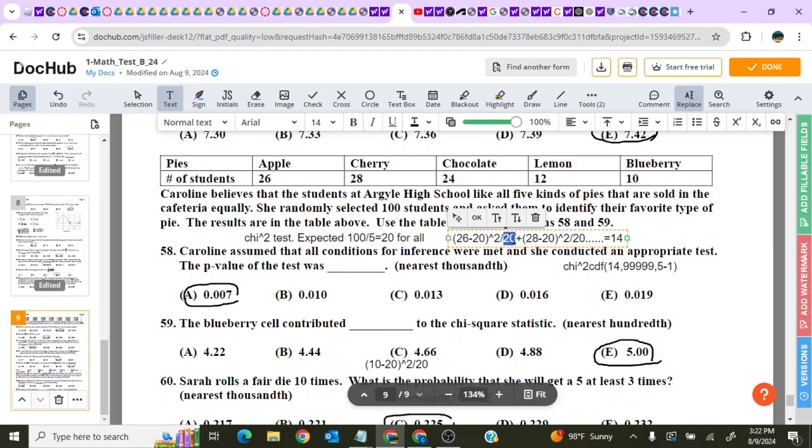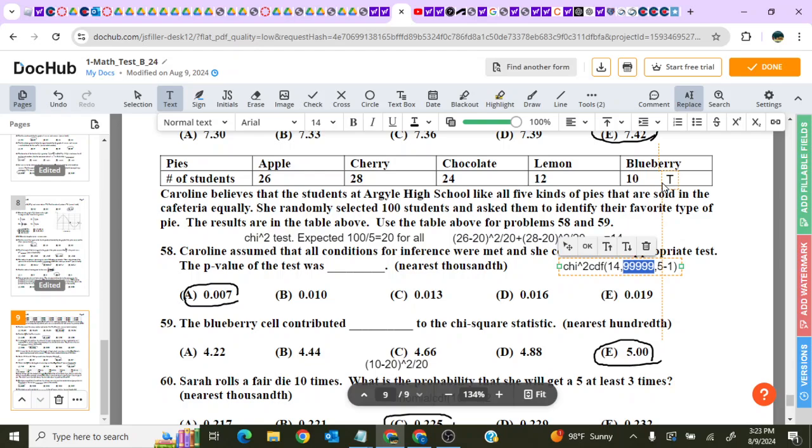Then to figure out your p-value, you use chi-squared CDF of your chi-squared value, infinity, and your df is the number of things with 1 subtracted off it. If you do that, you'll get a p-value of 0.007.